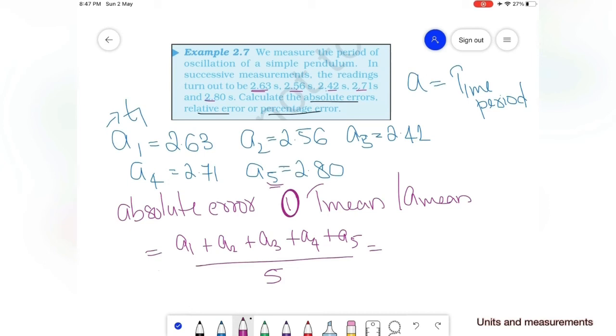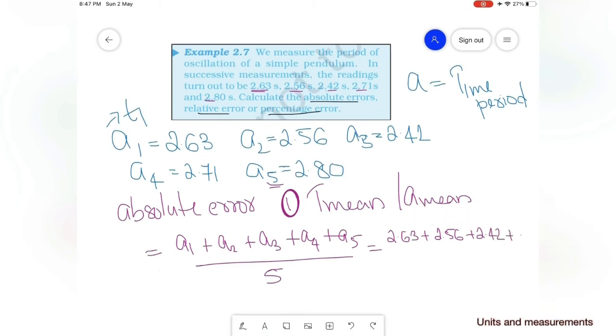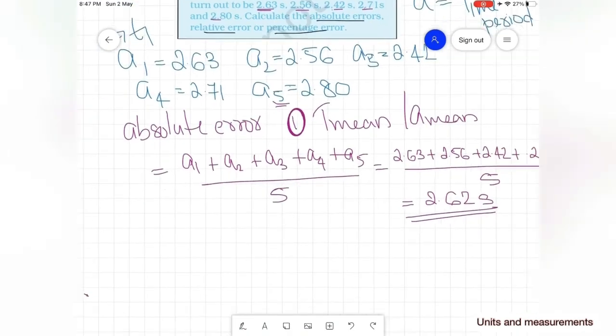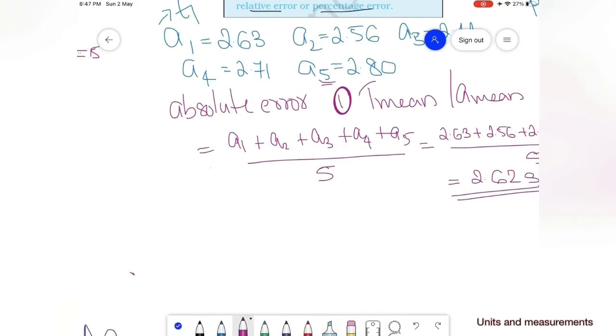So once you do this, you get the value. (2.7 plus 2.80) divided by the total number. We get the final value to be 2.62 seconds. That is the T mean value that you have here.